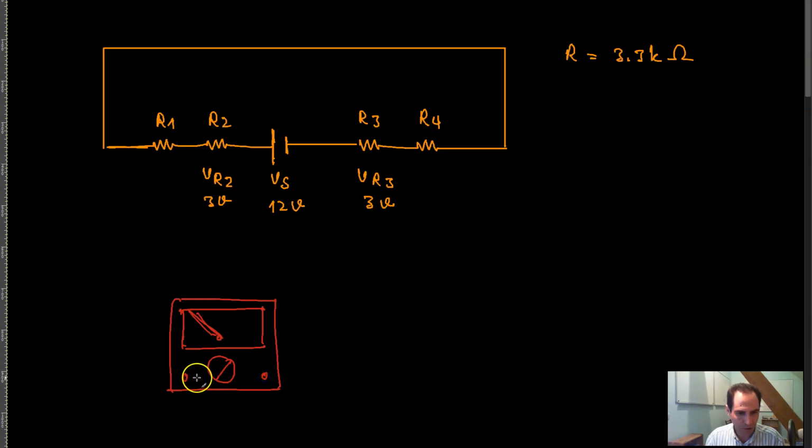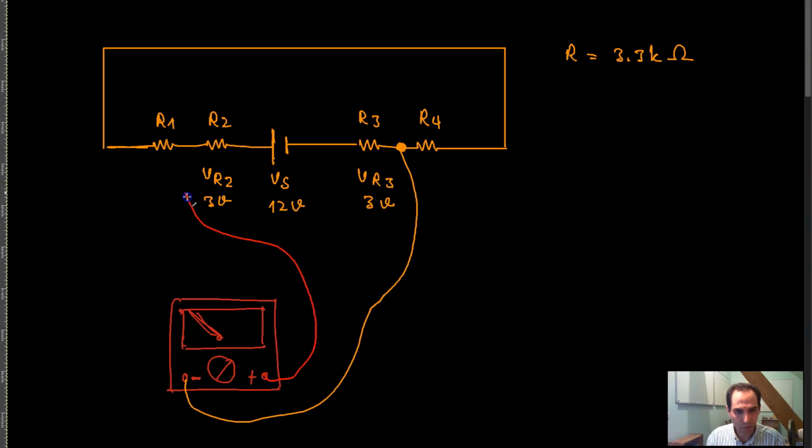Usually this is the positive lead and this is the negative lead. Suppose that I connect the negative lead to, for example, this point over here. And suppose that I connect the positive lead to this point over here, right?